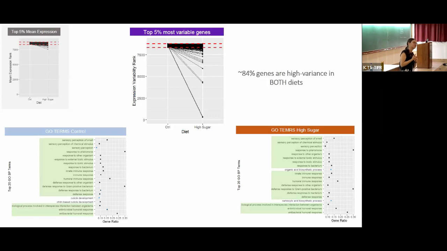But if you want to track cell lineages and you look at transcription factors, you can often figure out which ones are important by looking for the ones with low variance.